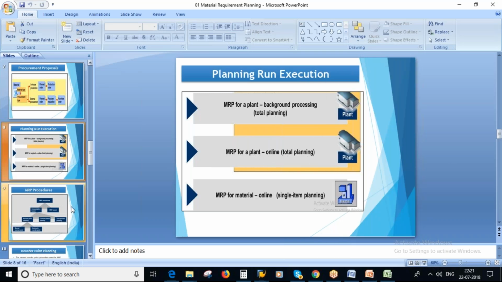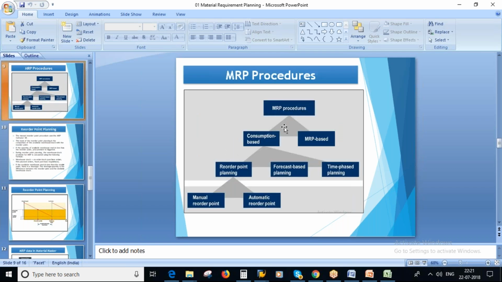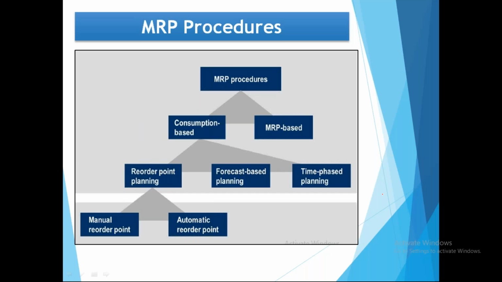Now the next topic we will be discussing is MRP procedures. What are the different MRP procedures? Basically there are two types: normal MRP and consumption based MRP, that is, consumption based planning. I'll show you both.